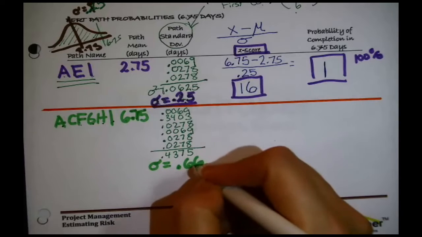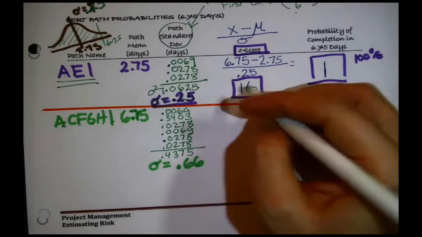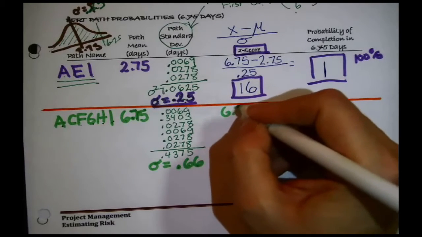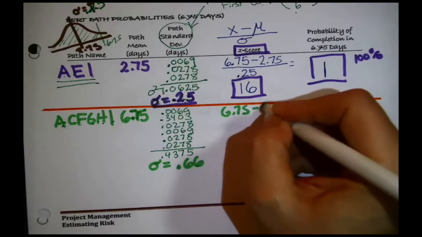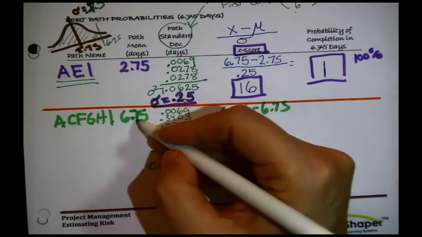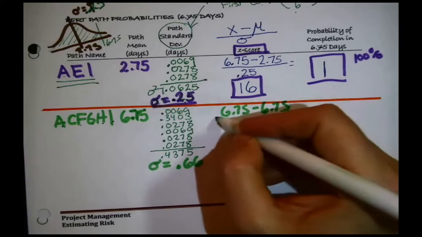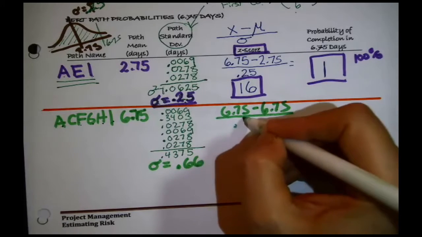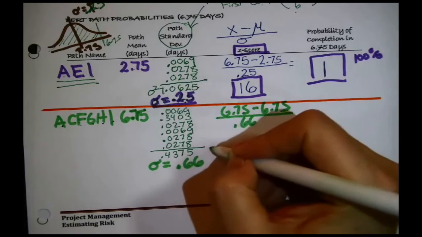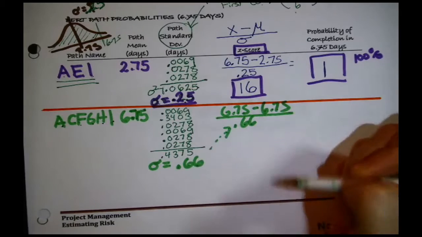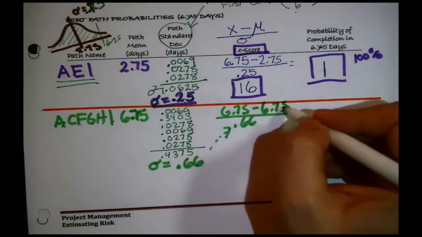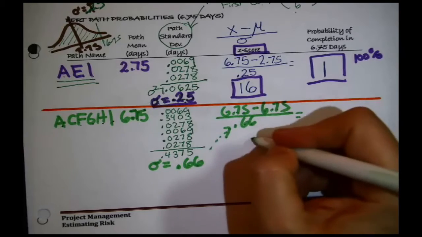That's the number that we need for over here, because over here we go 6.75 is the number we're interested in. 6.75 happens to be the mean of our path divided by the 0.66 that I worked so hard to find. Wait a minute, 6.75 minus 6.75, this is a z-score of 0.